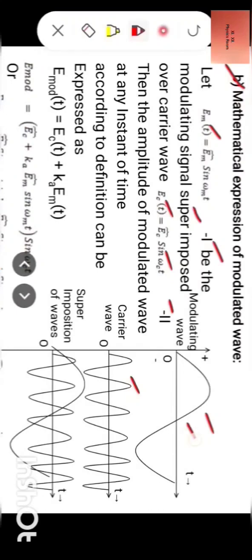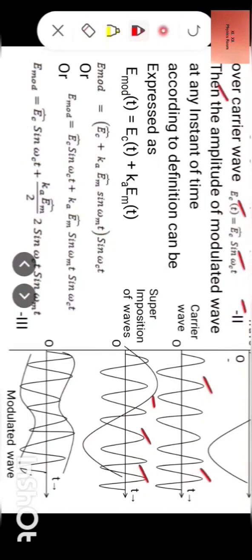Now this modulating signal is superimposed over carrier wave here in the third phase. This is carrier wave and this is modulating wave. So modulating wave is superimposed over carrier wave.